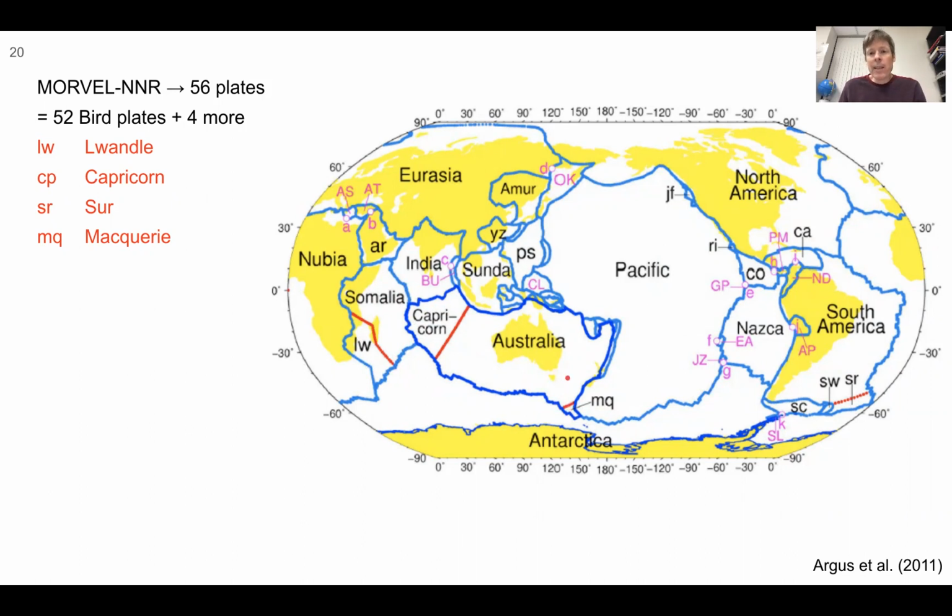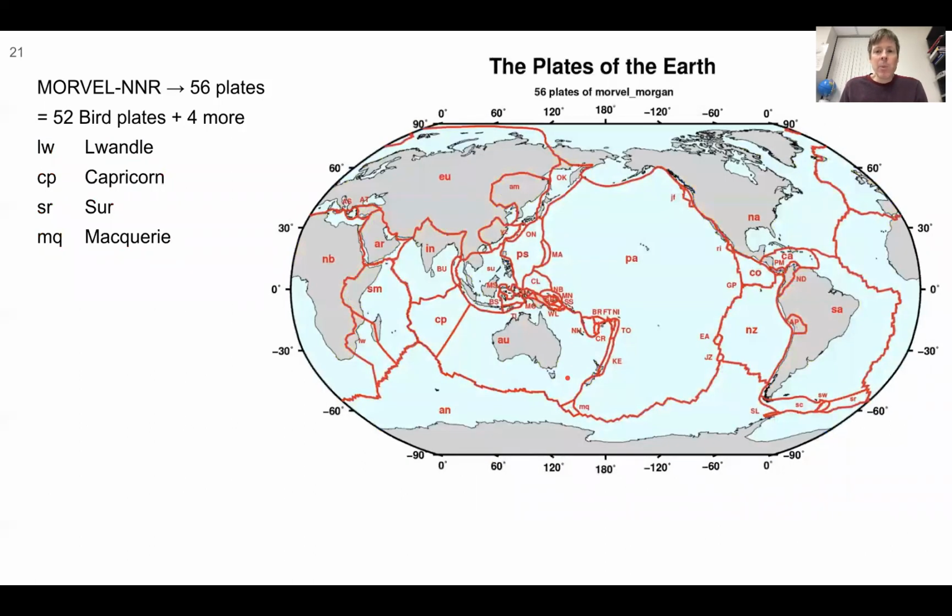So there's 4 new plates. That gives us 56 plates, which is what we'll be showing in most of the figures. So we can think about just the main plates, but the information is there. It's the most realistic perspective of the Earth, but the concepts we want to keep in mind, such as how plates move, what happens at the boundaries, really, you don't need to memorize 56 plates in order to understand those concepts.